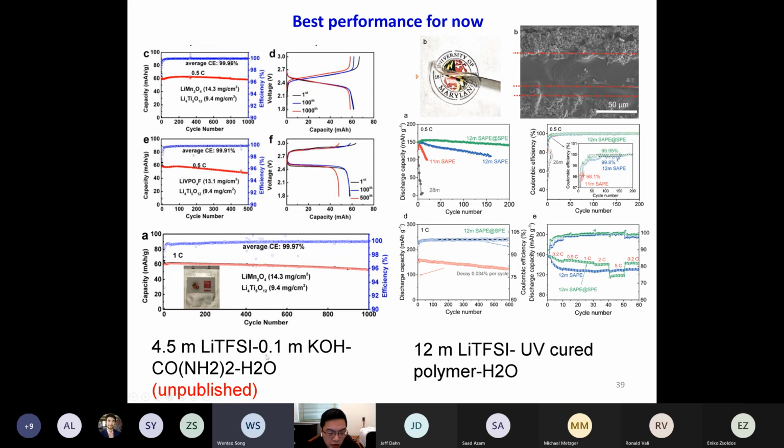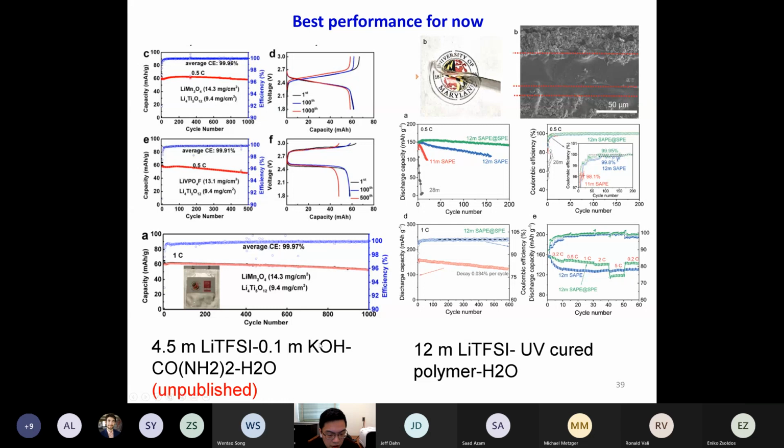We didn't see this kind of potassium causing any problem, I think mostly because this KOH is not dissolved in the water here. As I said, you cannot dissolve any alkali anymore in this kind of water-in-salt electrolyte.